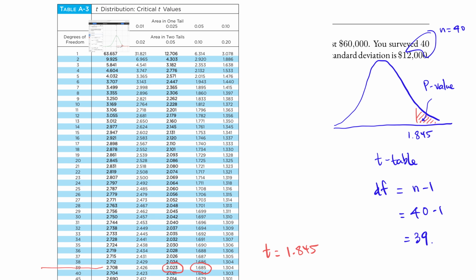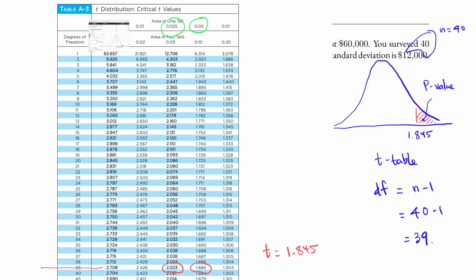The corresponding p-value to the t-value 2.023 for the one tail is 0.025, and the corresponding p-value for t equals 1.685 for the one tail is 0.05. And so even though we do not have the exact p-value for t equals 1.845, we can certainly say that the p-value is between 0.025 and 0.05 for this specific t-test statistic.